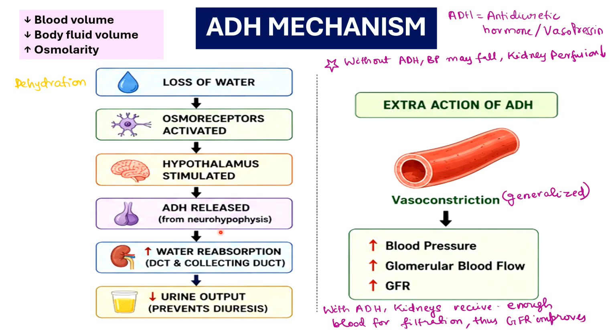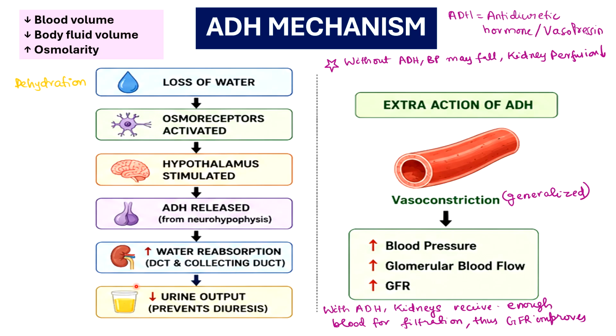ADH is released from the neurohypophysis and it directly increases the water reabsorption in the distal convoluted tubule as well as the collecting duct. Remember, we have read that conditional reabsorption takes place in the DCT and collecting tubule. So whenever the body needs to preserve water in case of dehydration, more water is reabsorbed there.